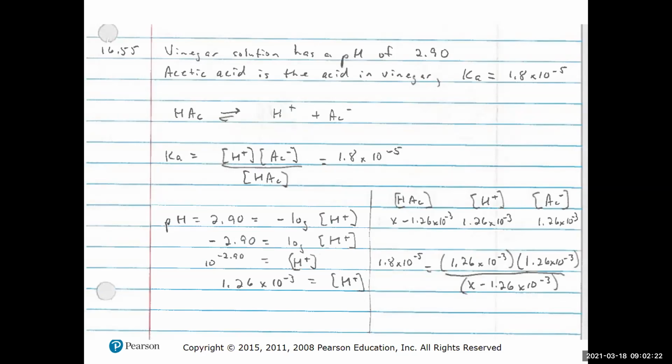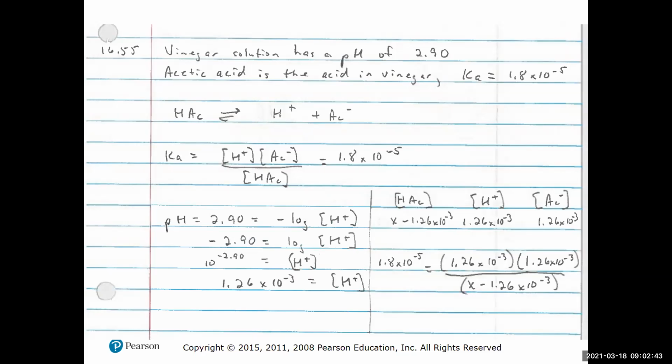We do the anti-log, so 10 to the minus 2.90 gives us our hydrogen ion concentration, and that's 1.26 times 10 to the minus 3. So we now know what our hydrogen ion concentration is.